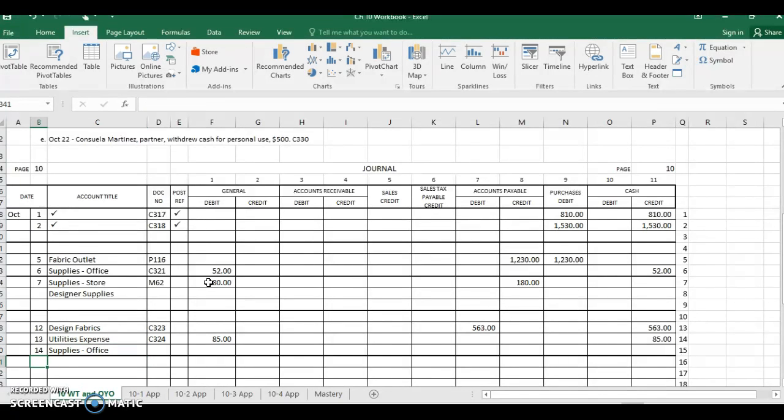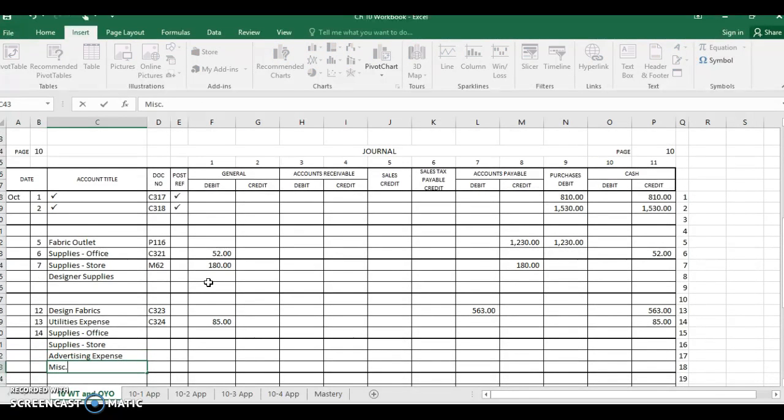So we have our supplies office, we have our supplies store, then advertising expense and miscellaneous expense. So you list each of those. You only put your document number on the first one, and this was C325.